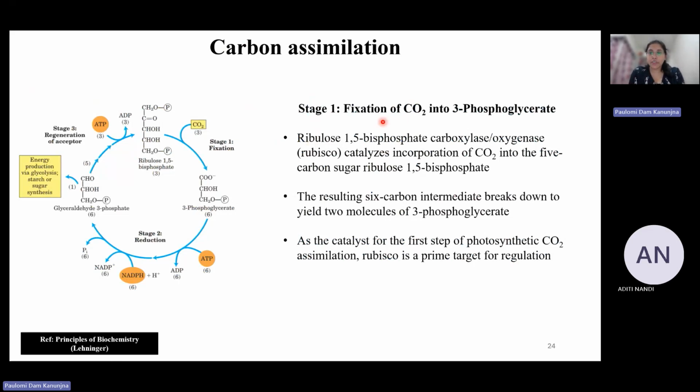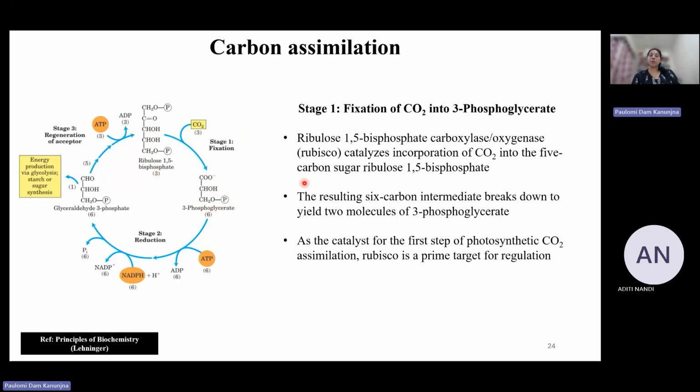Stage 1 is fixation of carbon dioxide into 3-phosphoglycerate. So your ribulose 1,5 bisphosphate, with carbon dioxide, is incorporated into this compound to give you 3-phosphoglycerate. Now, who is doing this? A very important enzyme that you should definitely remember.